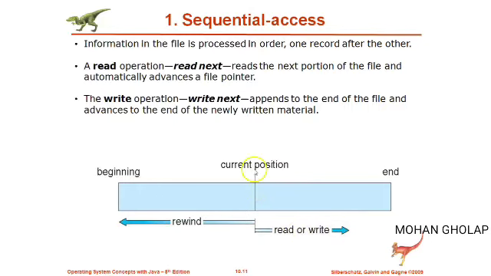As we saw, along with these two system calls, there may be some other system calls also to move the position of the current file pointer. Let us consider there is one system call, that is rewind or reset, which is going to bring back the current file position pointer to the beginning of your file. In that case the pointer will be moved from this position to the beginning. In this way the sequential access will be carried out.